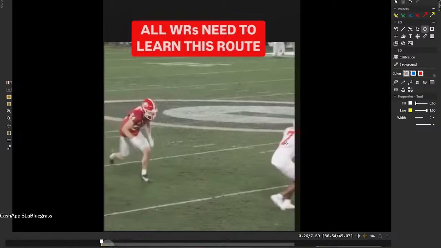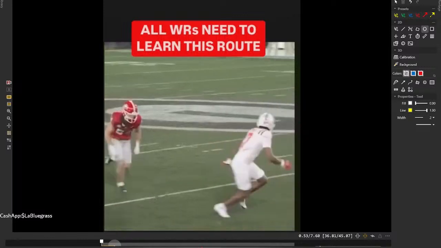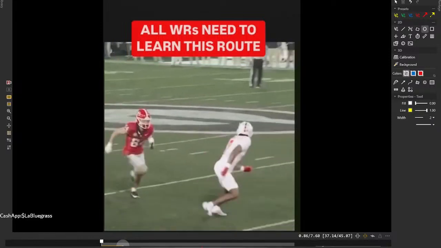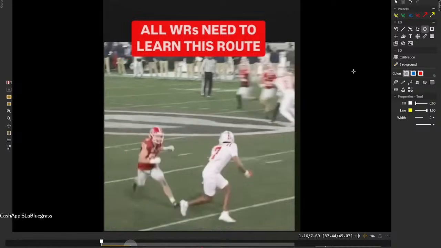The issue is, if you are playing zone, if you watch me anytime, if you're playing zone, your eyes need to be on the quarterback. Eyes on quarterback. Because if you do that, that will eliminate one of the problems.